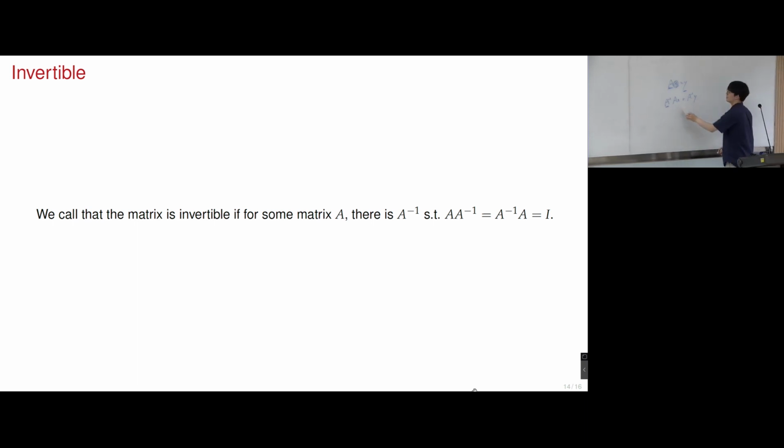Then this side becomes the identity, so this kind of disappears. So you get the answer for x. You can calculate x, and this is unique, right?